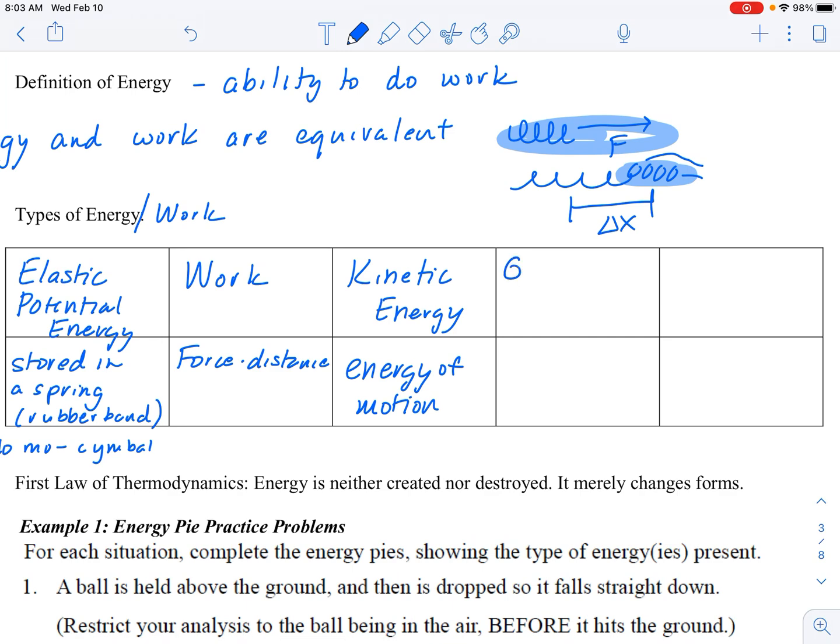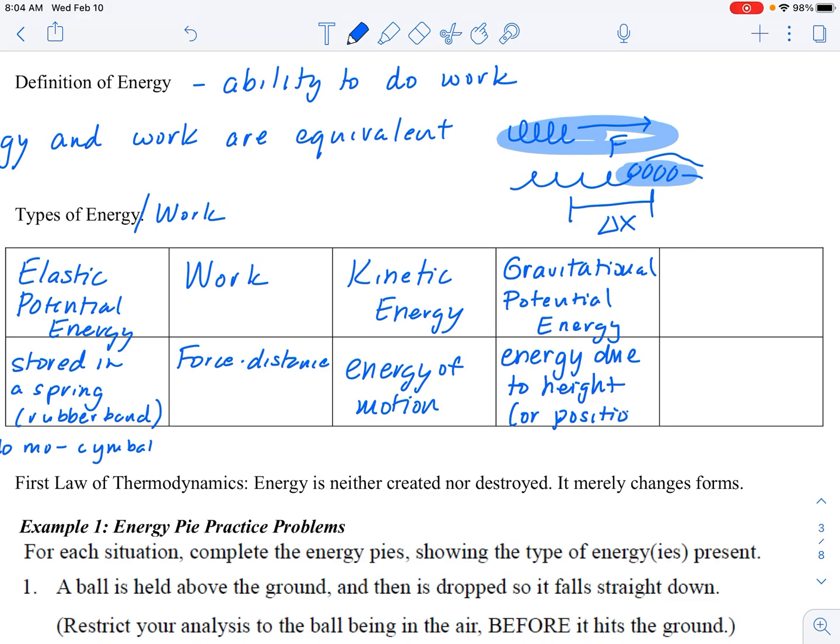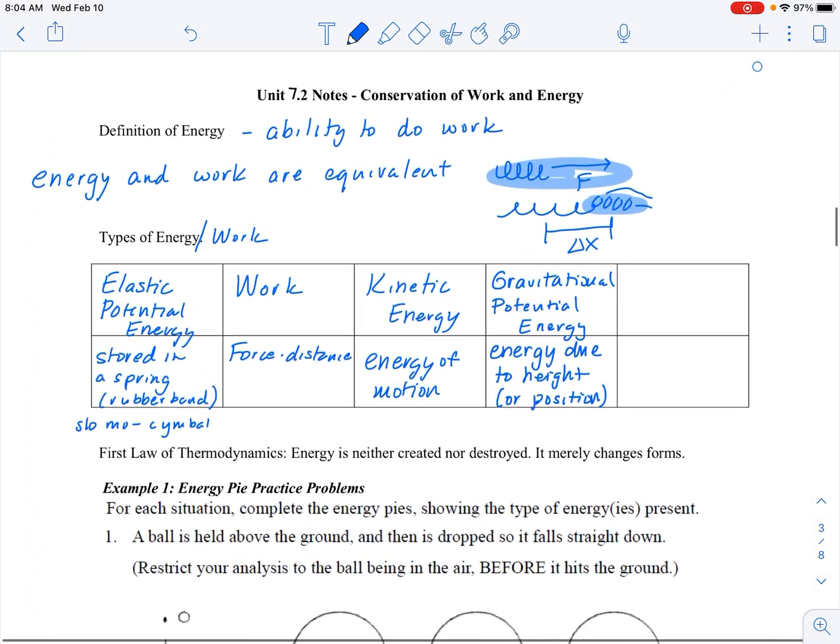Lifting the ball gives it something called gravitational potential energy. Anytime I take an object and put it on a high shelf or lift it, it has the potential to fall down. So this is energy due to height or position.